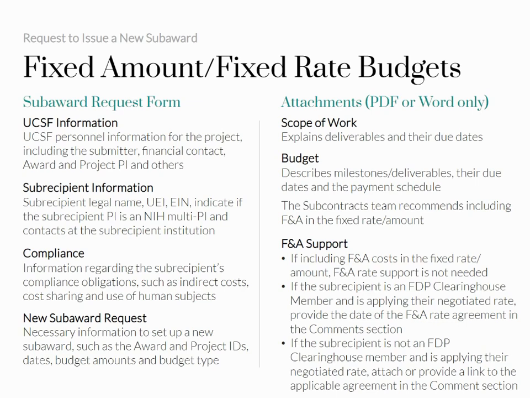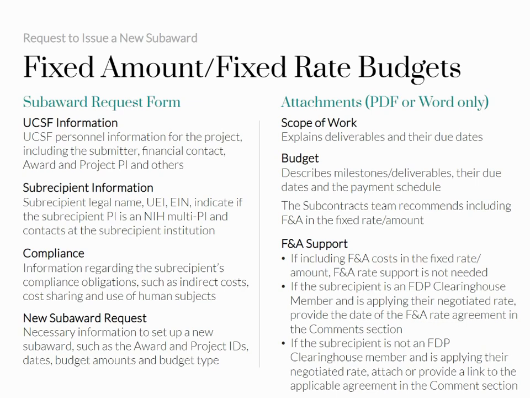Attach your scope of work that explains the deliverables and their due dates. Also attach a budget describing the milestones or deliverables, their due dates, and the payment schedule. The subcontracts team recommends including your F&A cost in the fixed rate or fixed amount. If you do this, you will not need to also include information regarding the F&A.